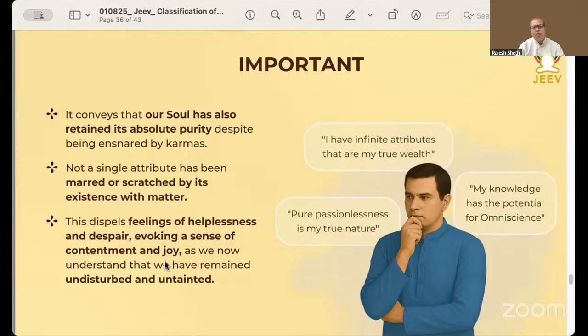When we move on to number 3, Upcharit Sadbhut Vyavhar Nai, the point of discussion was 100% toxic modifications, 100% impure modification, and the other part was partial pure modification.